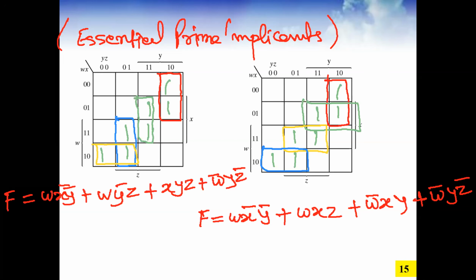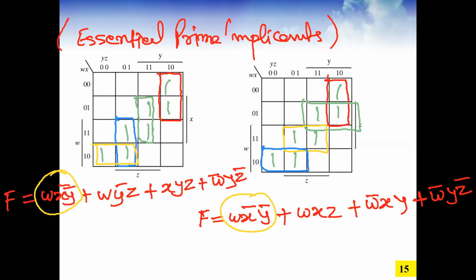Can you please check? Is the first product term common in both solutions? Yes. Common, right? It means that it is an essential prime implicant. It will be there all the time when you have multiple solutions.